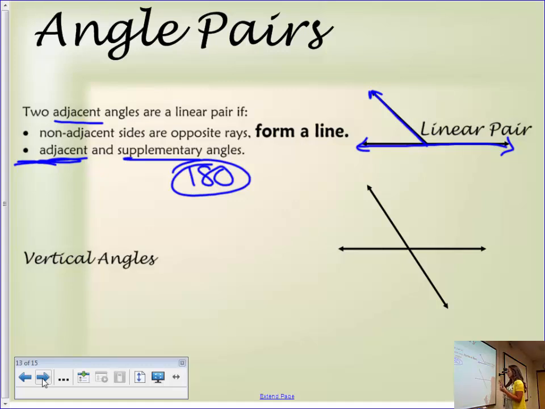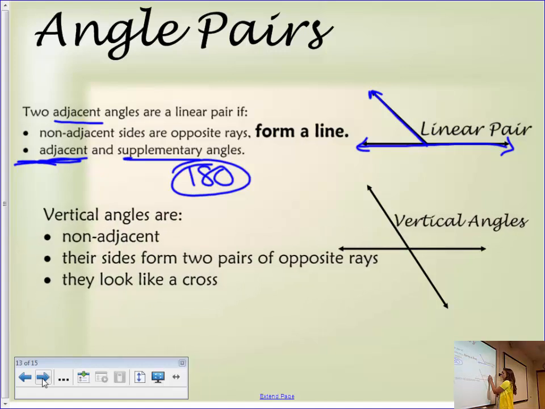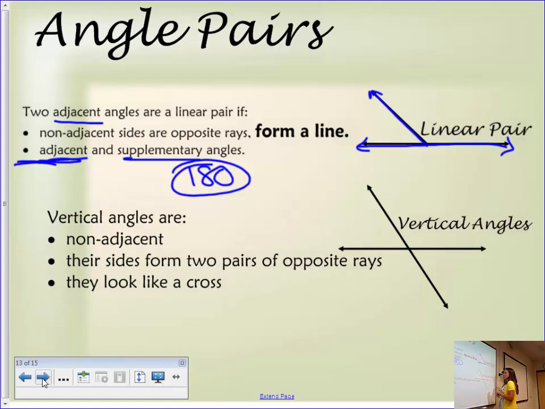The second term is vertical angles. They're talking about pairs in this crisscrossing intersection that kind of looks like an X. Vertical angles have more of a technical definition that's kind of hard to see. It says their sides form two pairs of opposite rays. They look like a cross, and they're not adjacent.